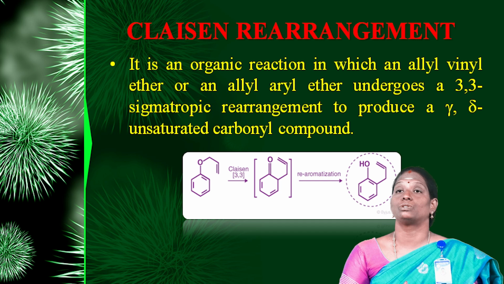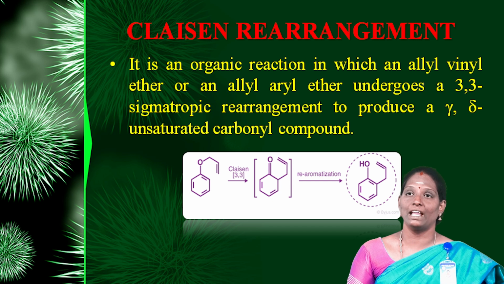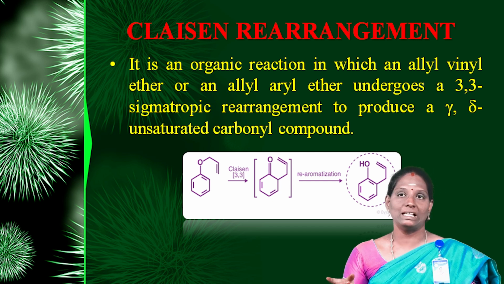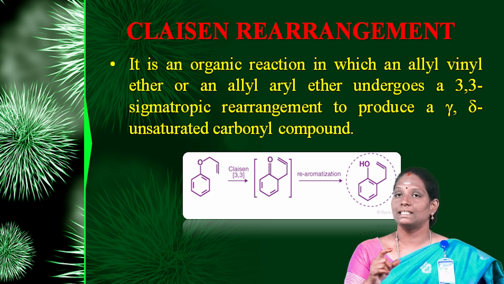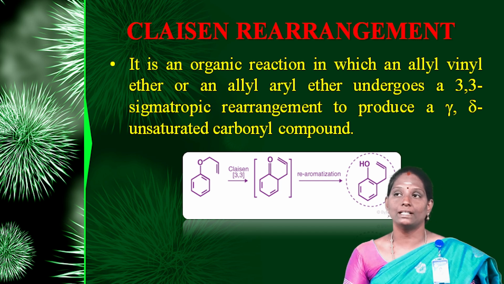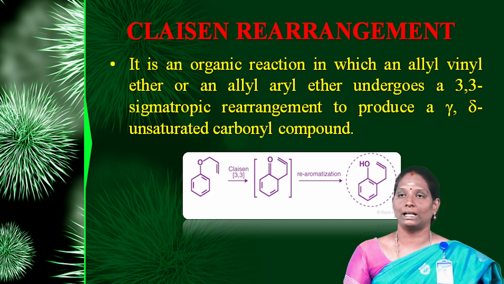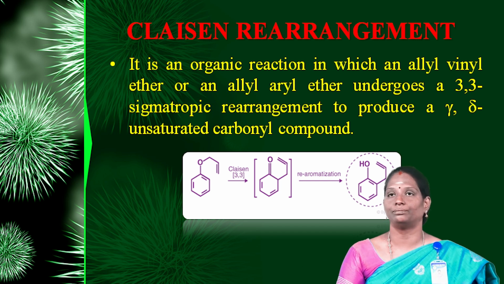This reaction is also an intramolecular concerted process where bonds break and form at the same time. The Claisen rearrangement is essentially an irreversible process since the products are considerably more stable than the reactants.